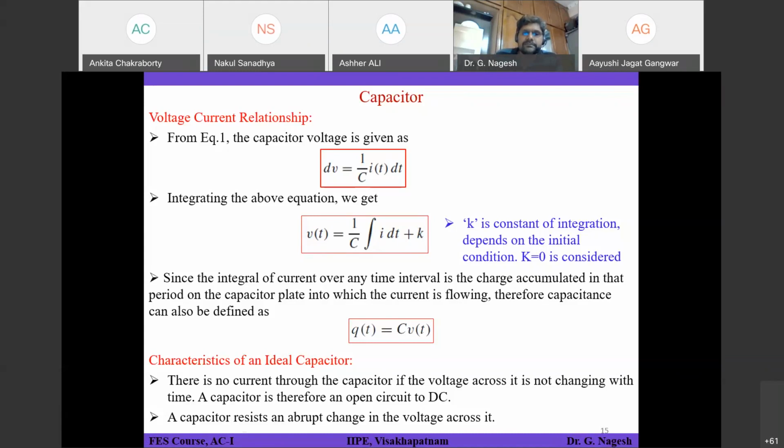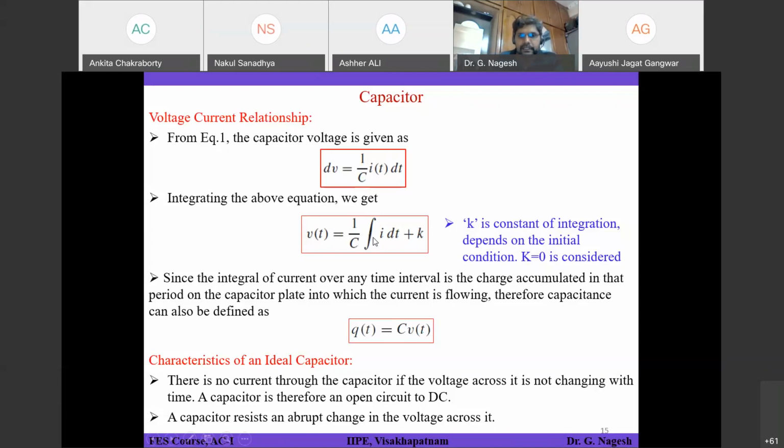So some charge is flowing. That current integrated over a time period is nothing but the voltage which was developed across the capacitor. So v = (1/C) integral of i(t) dt. If initial conditions are 0, k will be equal to 0.